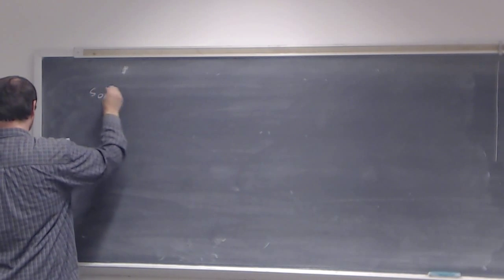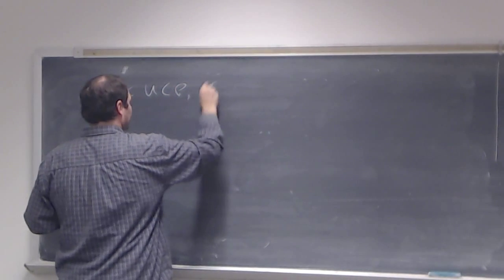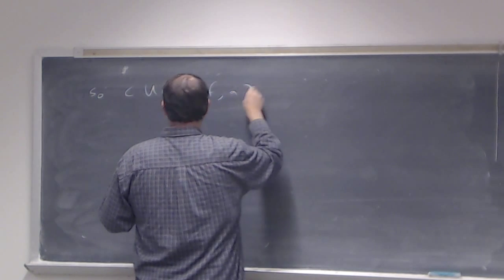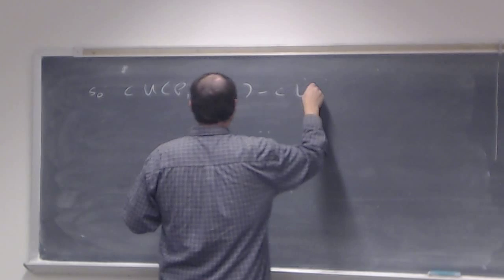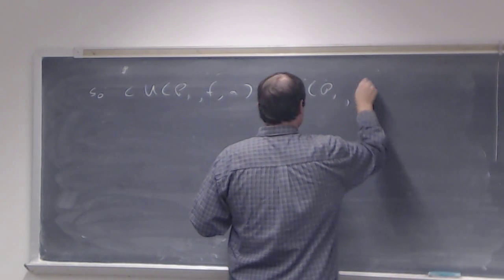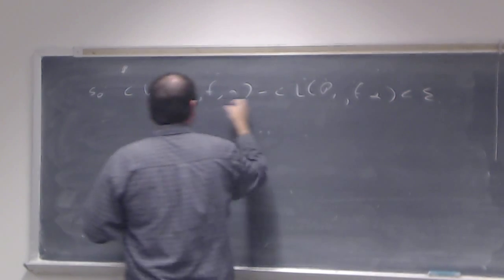So, C times this upper sum with P1, F, and alpha, minus C times the lower sum with this partition, F and alpha, will be less than epsilon. But what is this?